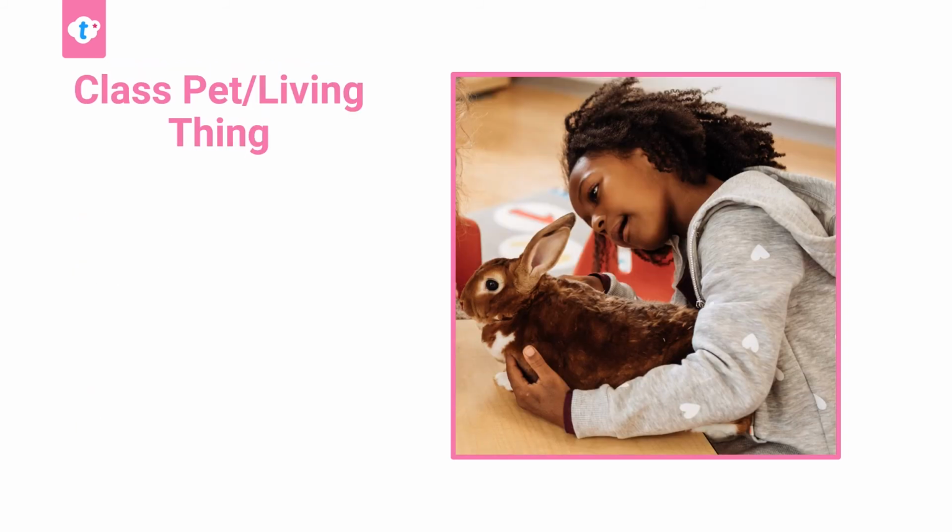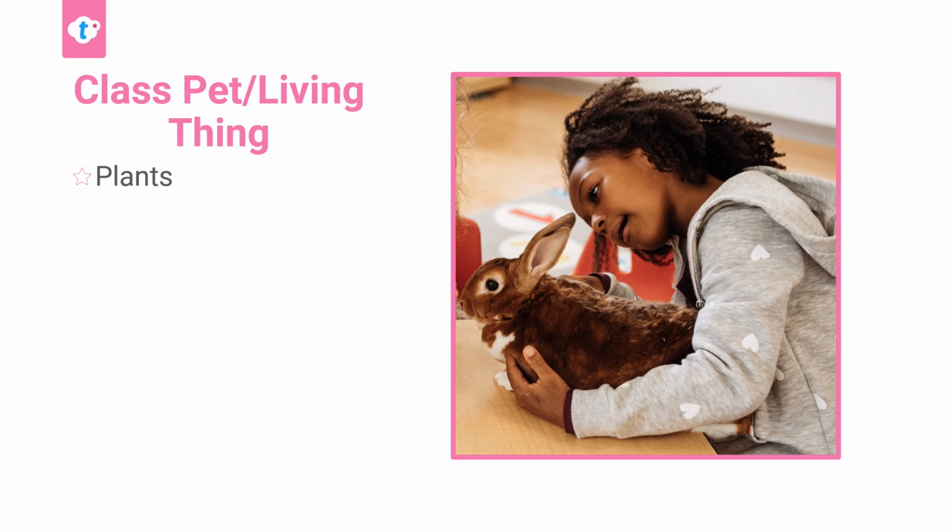There should be something living for students to take care of in the Science Center. This gives students hands-on experience with caring for something besides themselves. Students can water plants, feed a class pet, and/or simply observe a living thing. The best living thing to have in the classroom are plants. Students can water them and watch them grow.